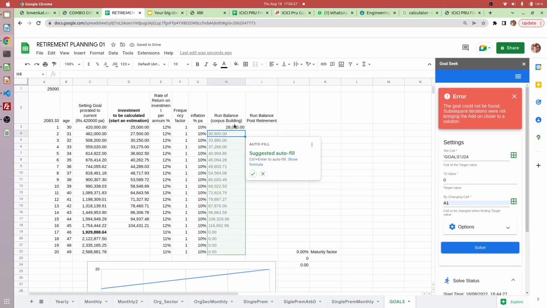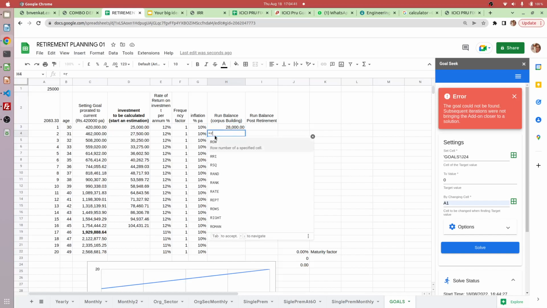Subsequent years will have different formulas. The subsequent first year will be rounded off.